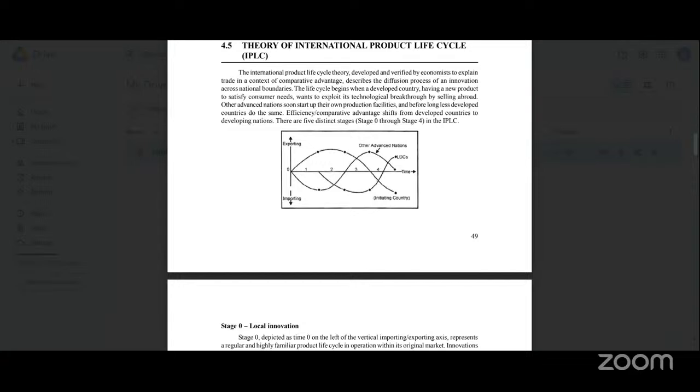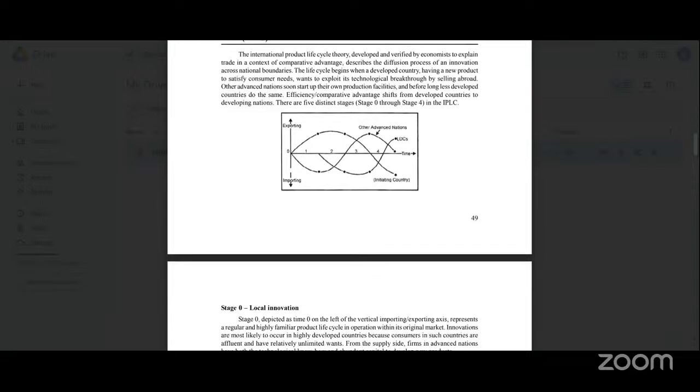Now, other nations which are more advanced may have set up their own production facilities. So, what do less developed countries do? They also similarly follow suit. So, efficiency and comparative advantage shifts from developed countries to developing countries.